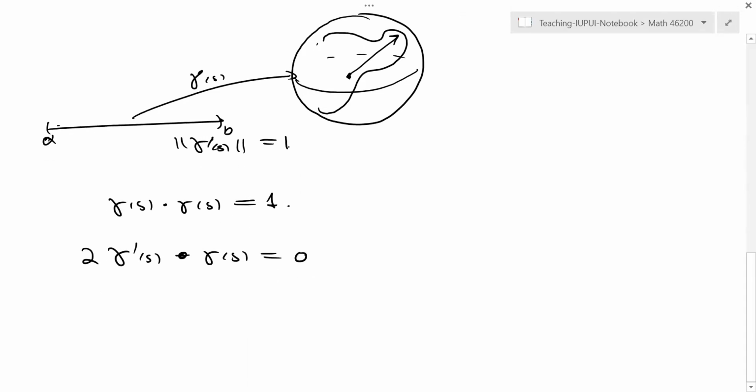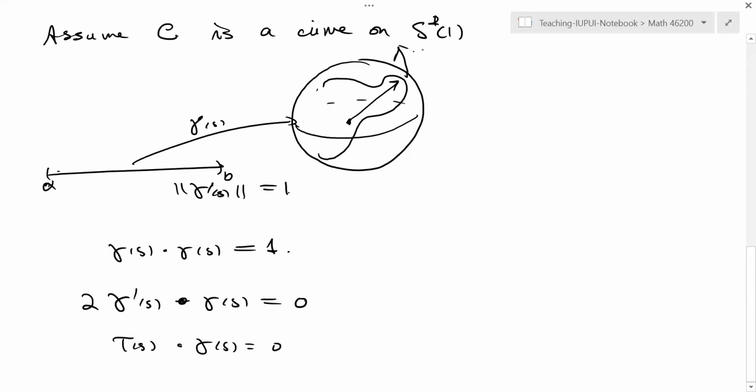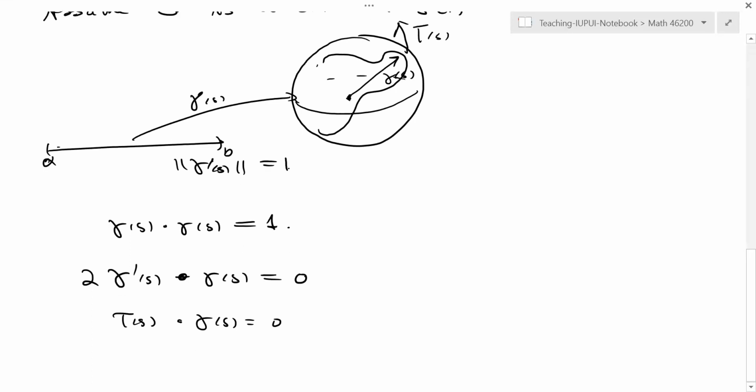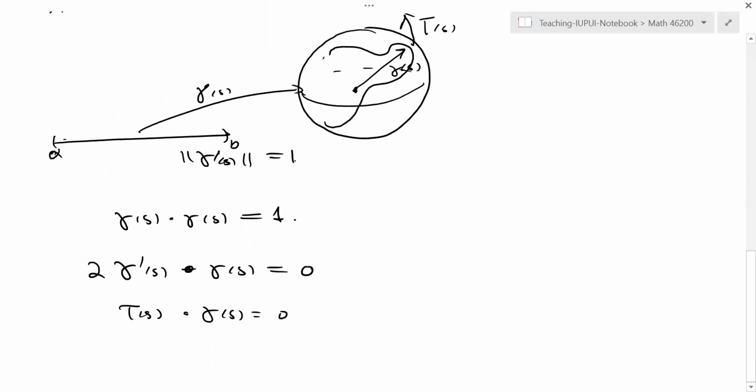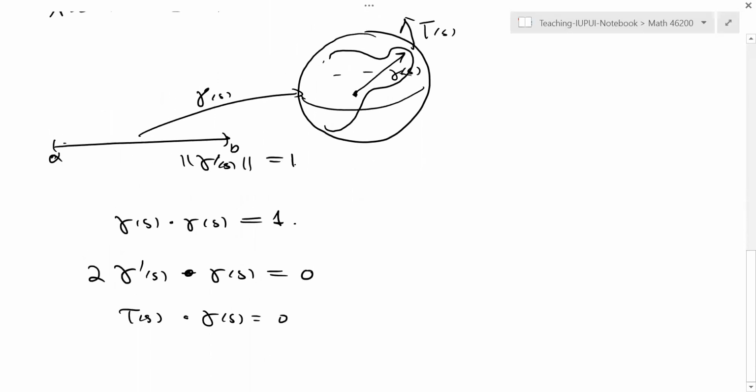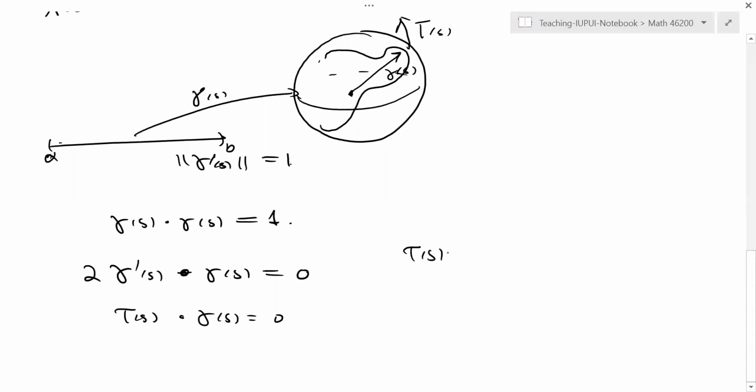Then this is T(s). That means the tangent vector to the curve is perpendicular to γ(s). On the other hand, T(s) is perpendicular to N(s), and T(s) is perpendicular to B(s).